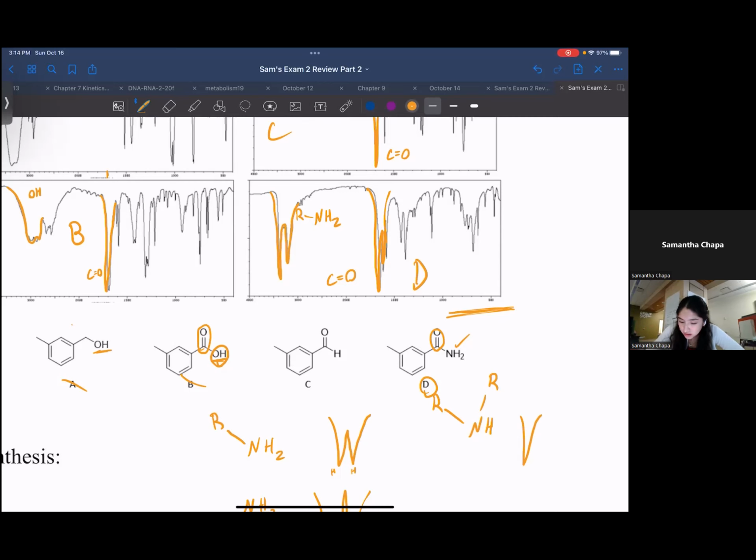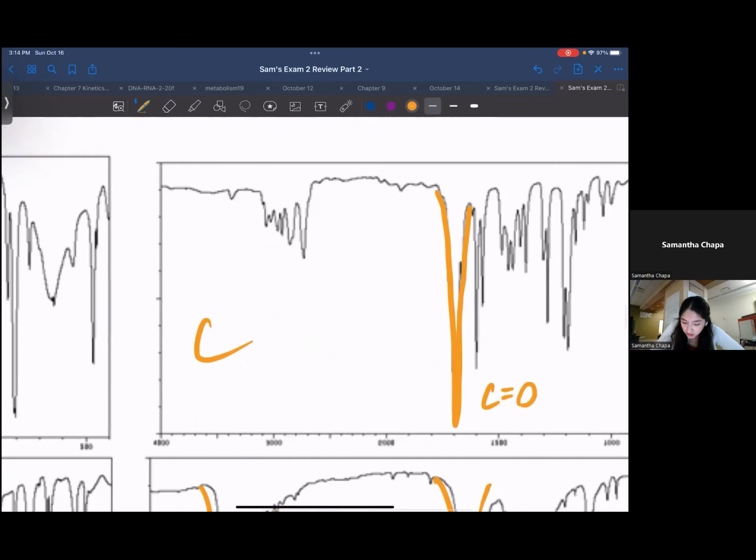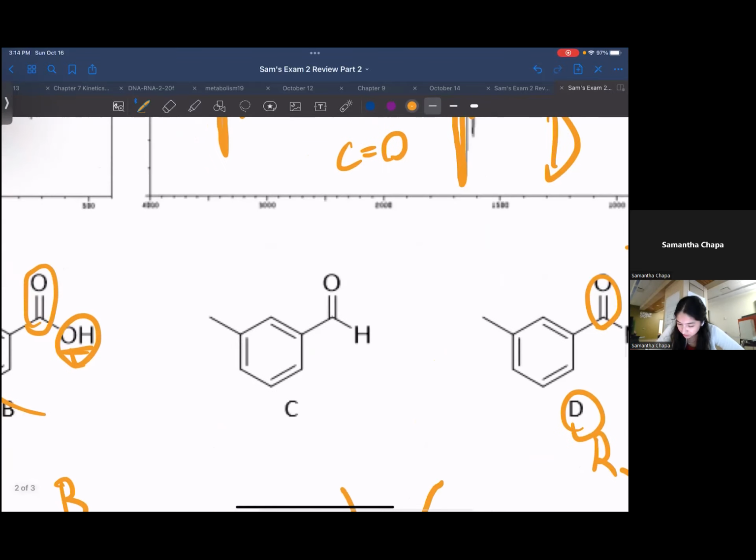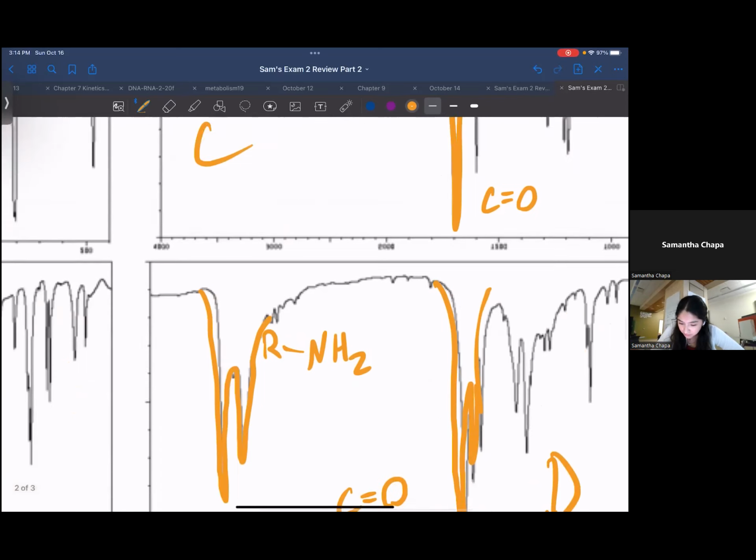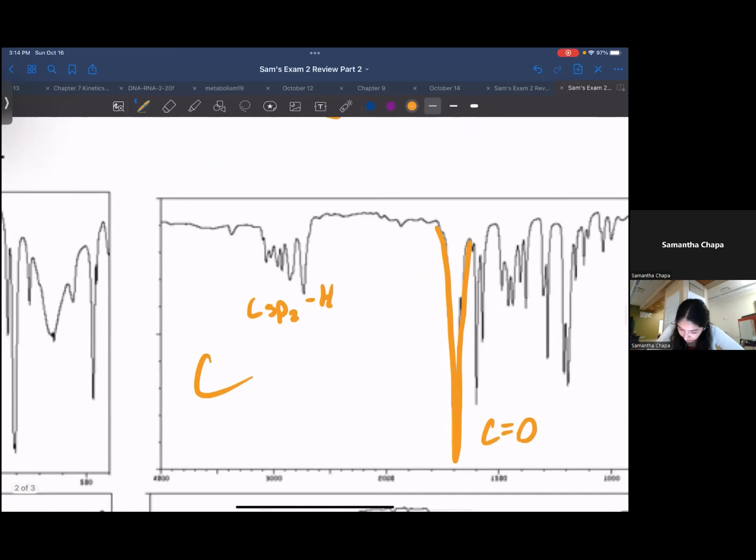But this right here is a CSP2 hydrogen. It's right here. CSP2 hydrogen bond. And the IR spectra for those will be all of these signals right here.